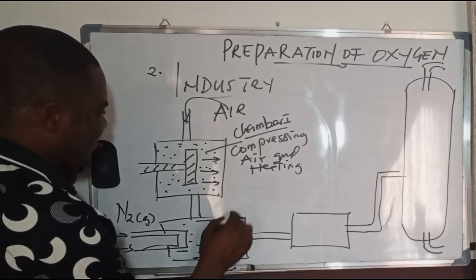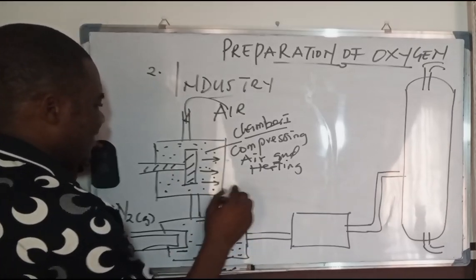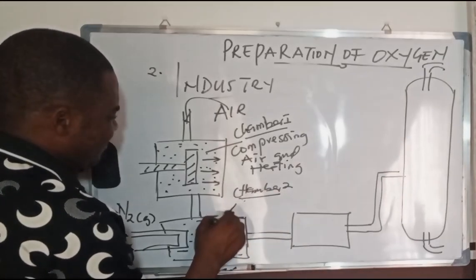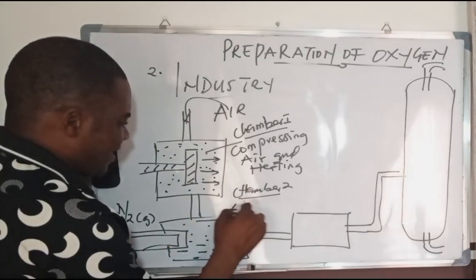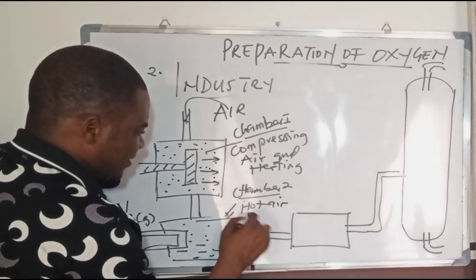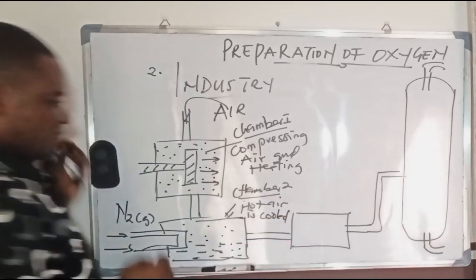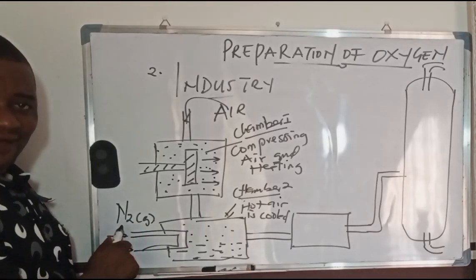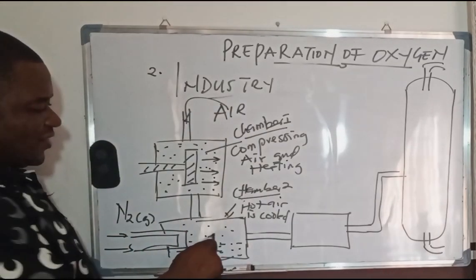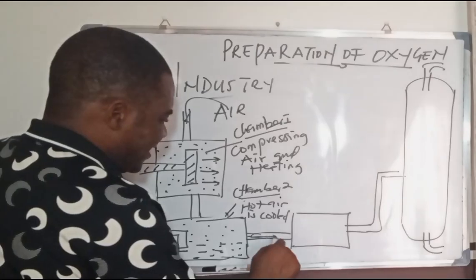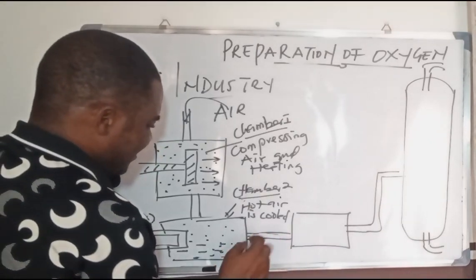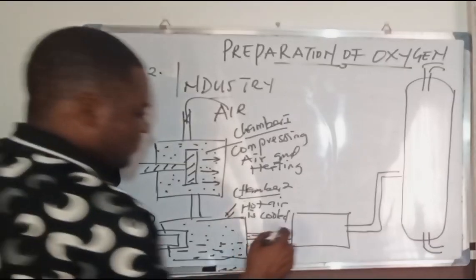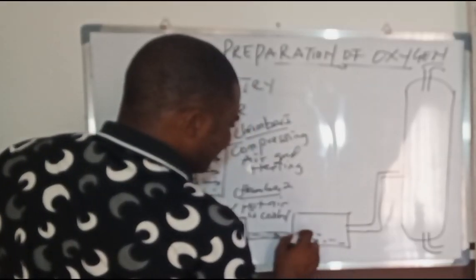So at this second chamber, chamber 2, the hot air is cooled by the presence of the nitrogen gas that goes in. As the hot air is cooled, it moves, transfers into the third chamber where we collect the liquid air.